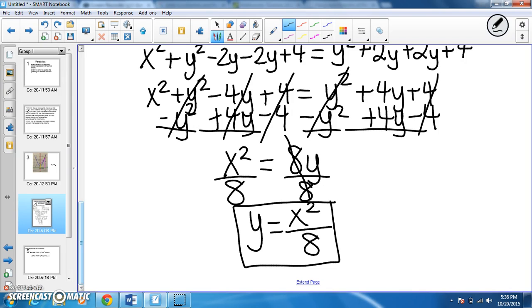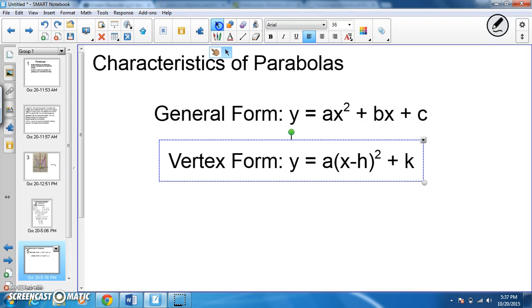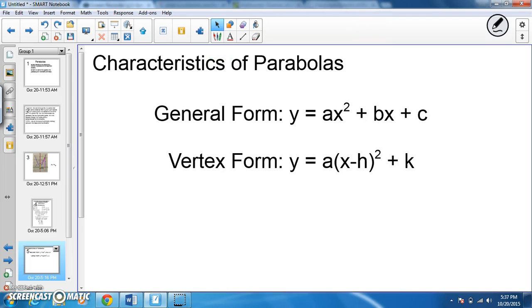We're now going to talk about characteristics of a parabola. So we have two different ways we can write the equation of a parabola. We have general form and we have vertex form. General form is y is equal to ax squared plus bx plus c. And vertex form is a little bit different, where y is equal to a times (x minus h) quantity squared plus k.